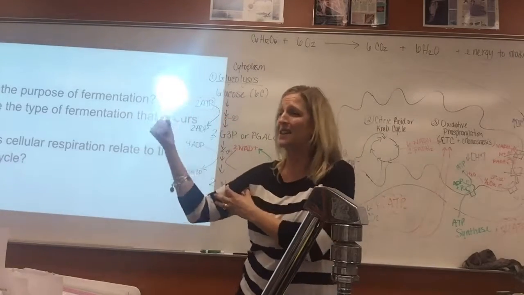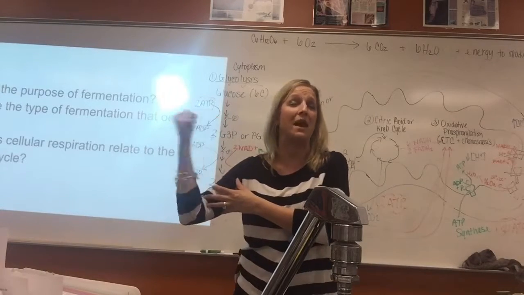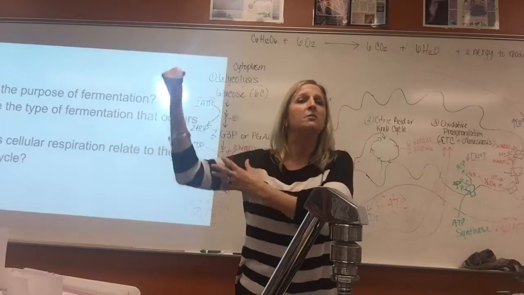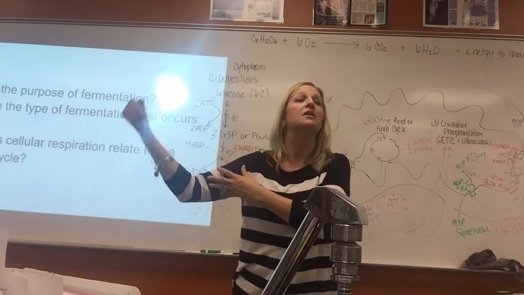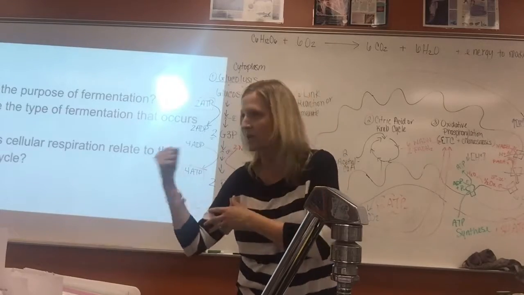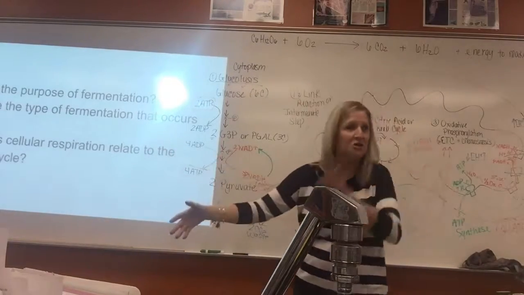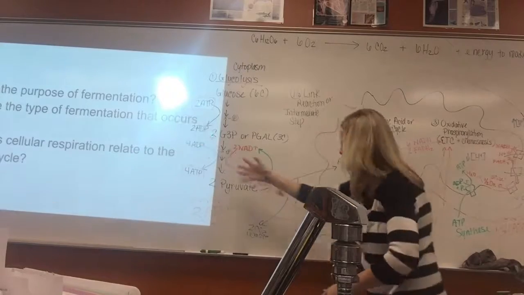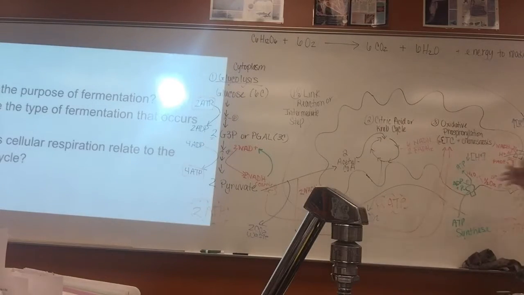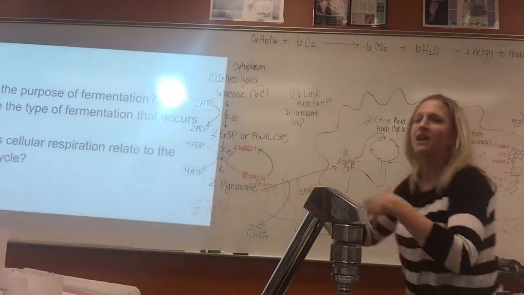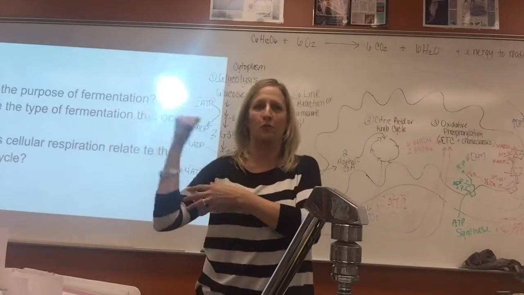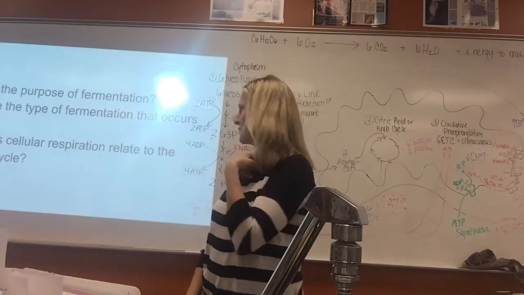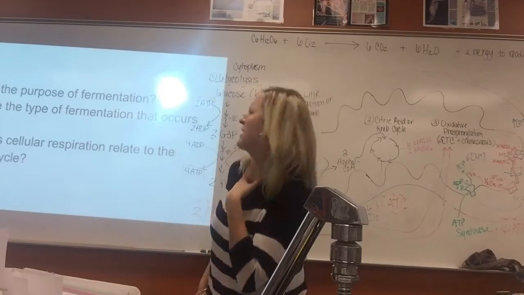Guess what lactic acid does? It builds up in your muscle cells and creates pain. That's actually a good thing because the pain will trigger you to stop, all right? And therefore, it allows you to breathe and the oxygen to get there, and so then you can do the rest of cellular respiration and your muscle cells stay alive and they don't die from overworking and creating the anaerobic situation.